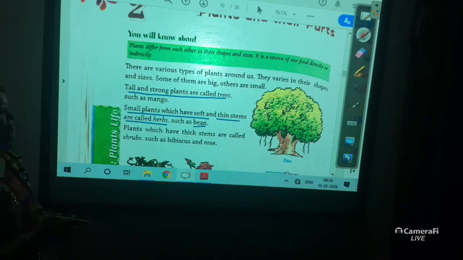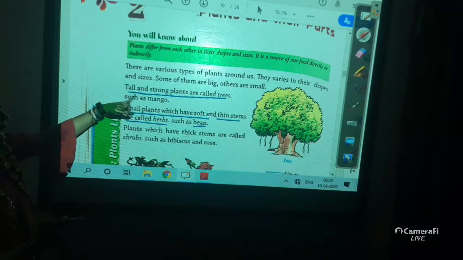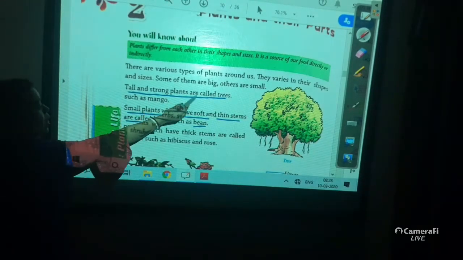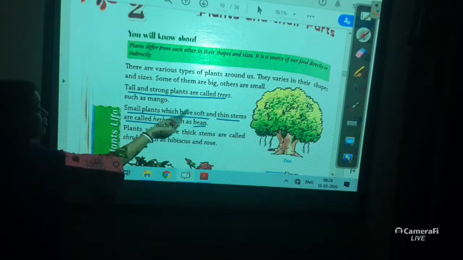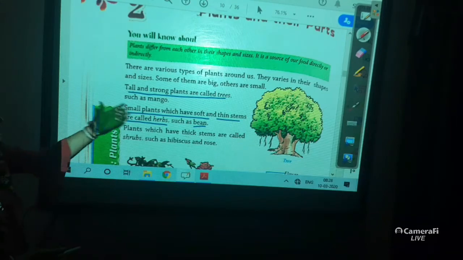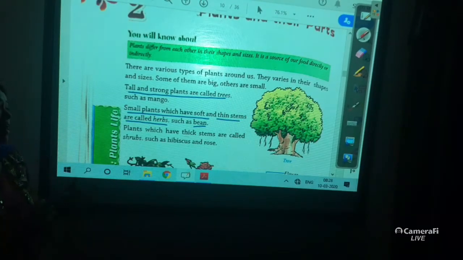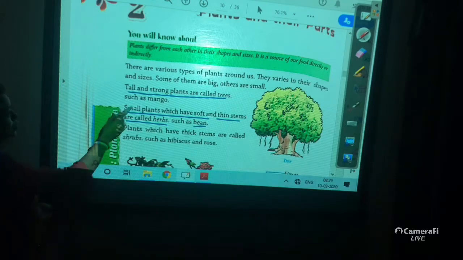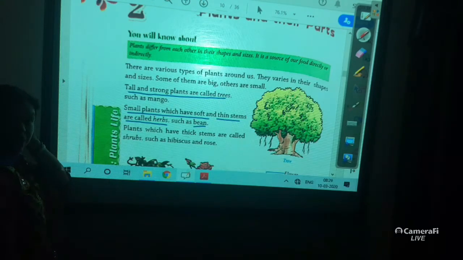So the first type we will learn from here is trees. What are trees? The tall and strong plants are called trees. An example of a tree is given here, mango, because this name is very familiar to all of us. That's why the mango tree is very well known to all of us.